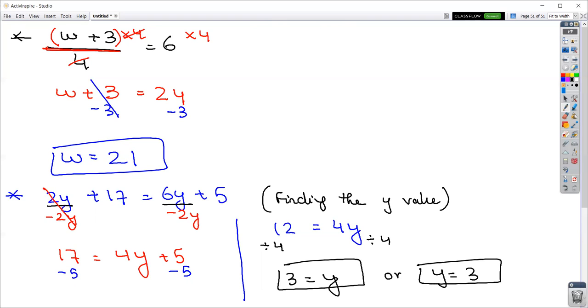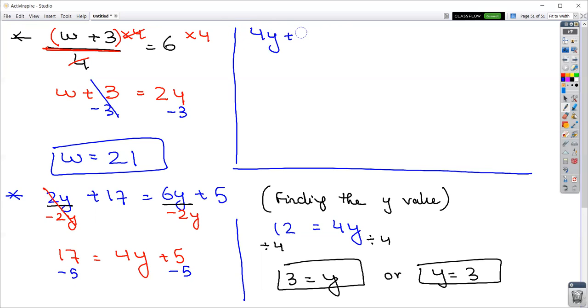I'm going to show you the last example which is similar to what we have done just now. So we are again having the y terms written on both the sides. We are having 4y plus 3 equals 2y plus 8. Clearly we can see that we have got the y variable written on the left hand side and on the right hand side.